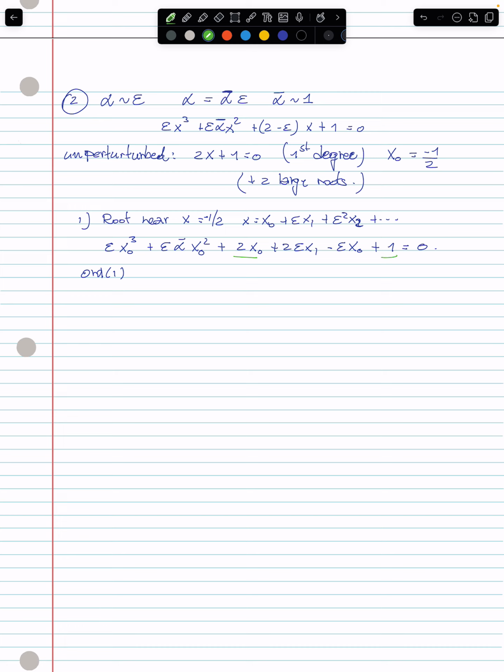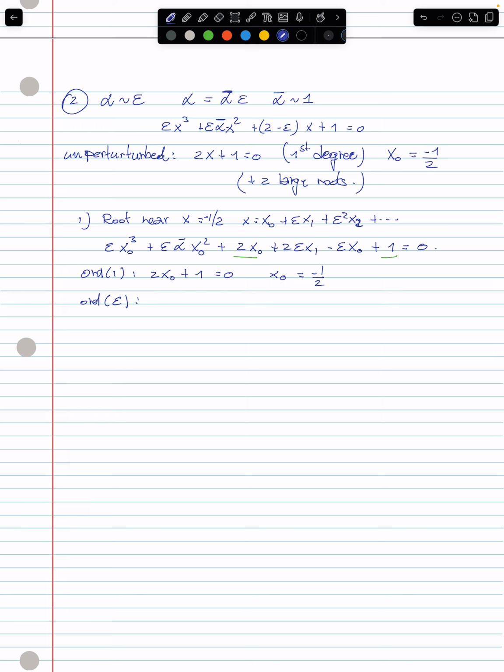At leading order, we have the same as the unperturbed: twice x0 plus 1 is equal to 0, meaning that x0 is -1/2. Nothing unexpected here.